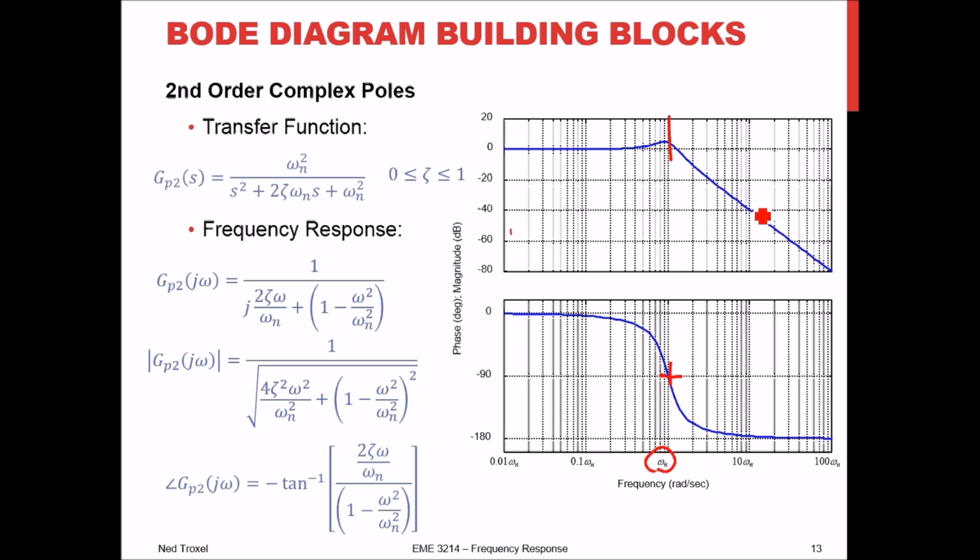Now the slope on the right side here, instead of minus 20 dB per decade, is going to be minus 40 decibels per decade. Here's 10 omega n, and here's 100. Minus 40, minus 80. It's lower by 40 decibels.